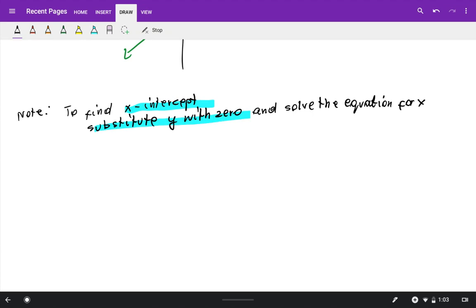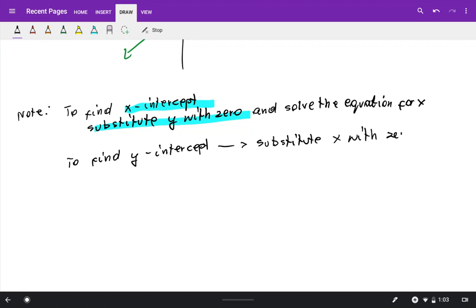And to find y-intercept, we're going to substitute not y, but x, substitute x with 0, and solve the equation.